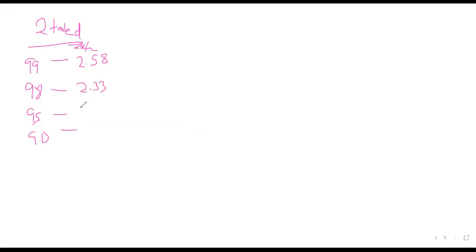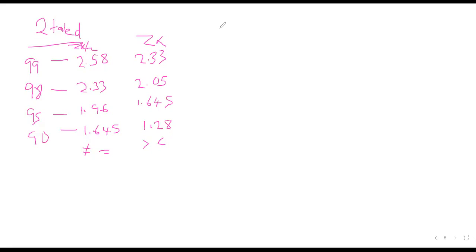And here? 1.96. And here? 1.645. Fine. But if it's a single-tailed test, here it's 2.33, here 2.05, here 1.645, here 1.28. Here the signs are equal to or not equal to. Here it's greater or less than.